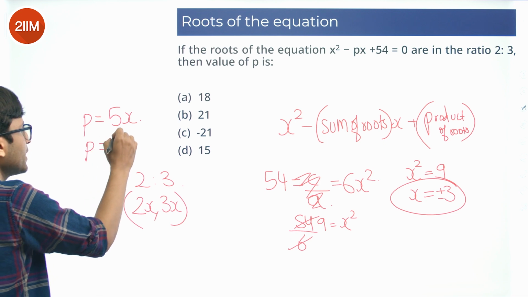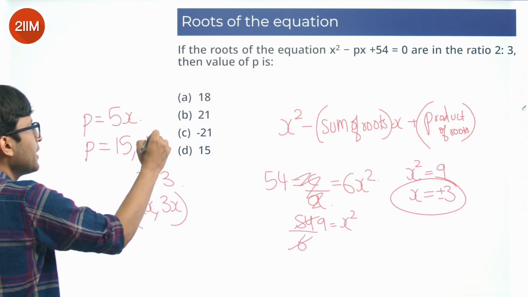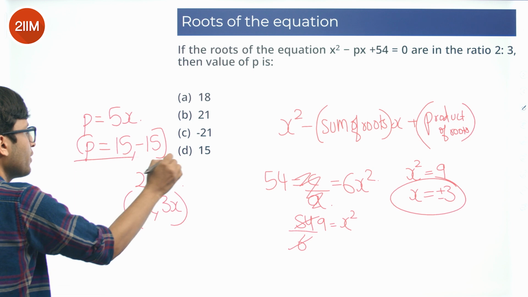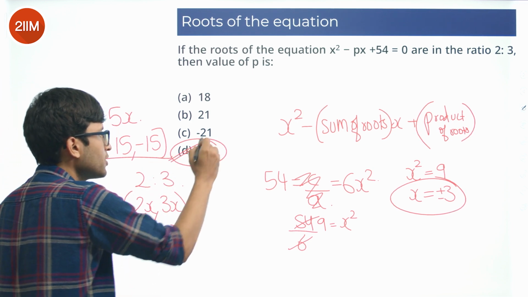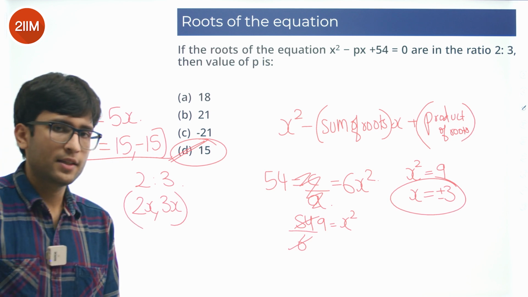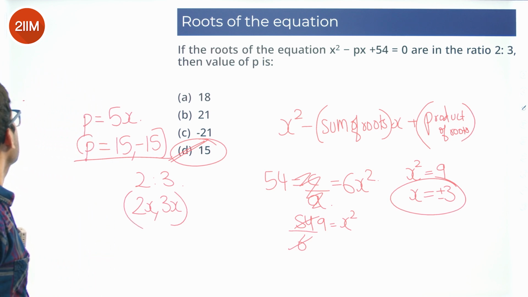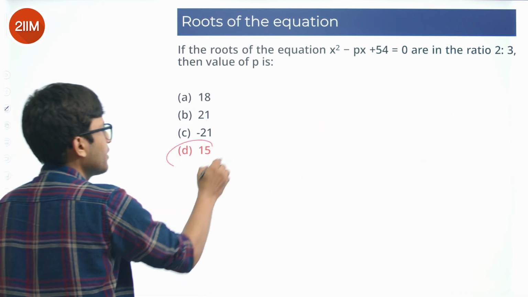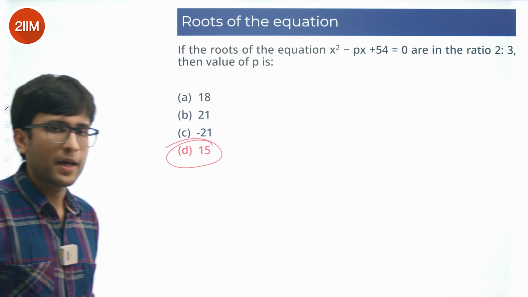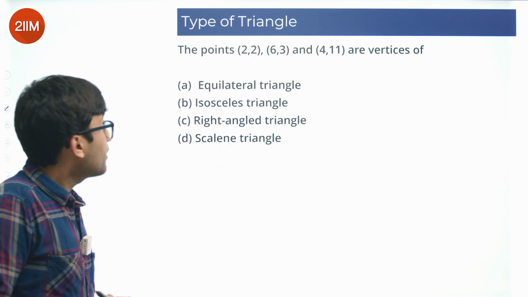So either p is equal to 15 or p will be equal to minus 15. These are the two values which are possible, and I am having 15 as one of the options. So I would be getting 15 as my answer in this case. Let's see. Perfect. We got our answer right. 15 is my answer.